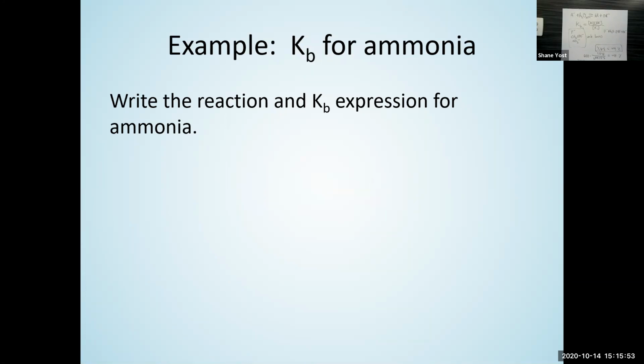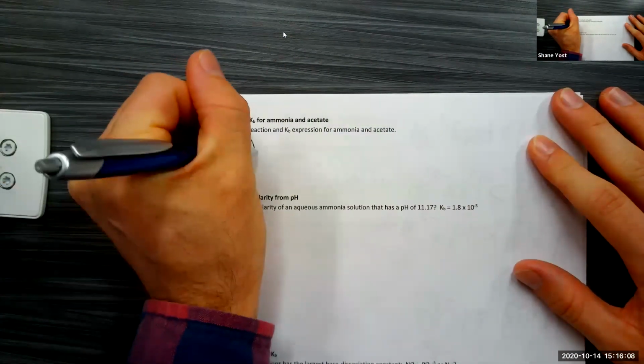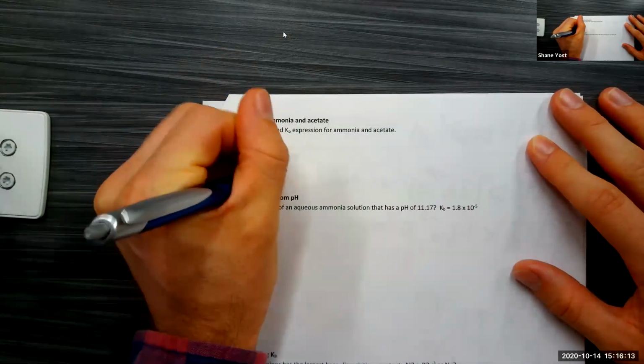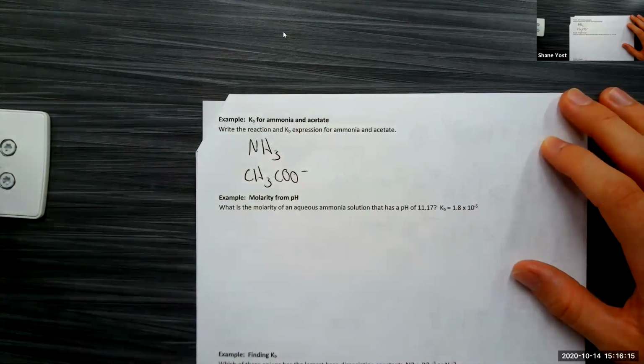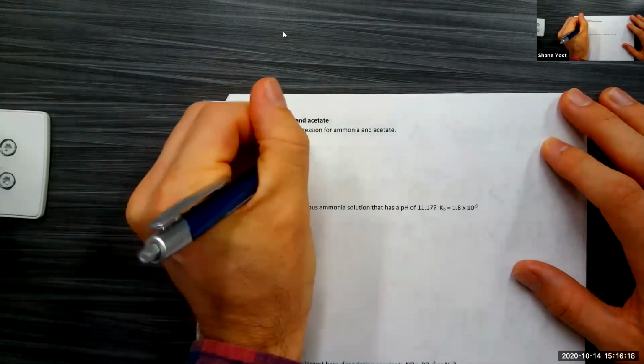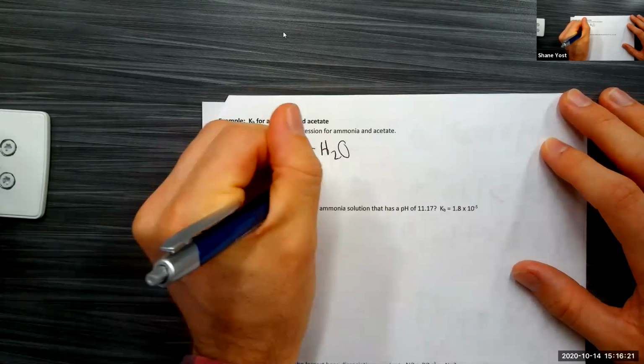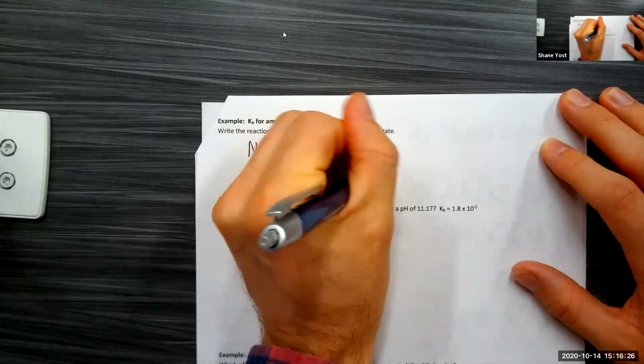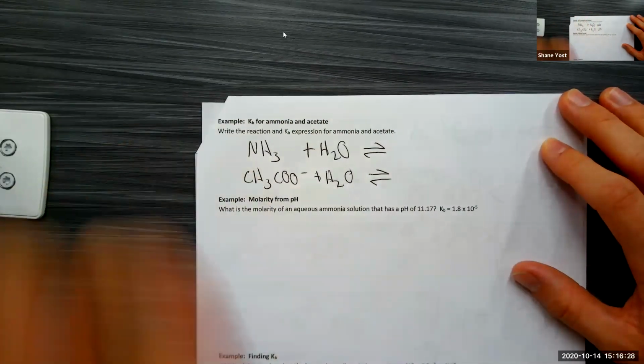And so, for example, we're going to do this for ammonia and acetate. So we want the equilibrium reaction for our weak bases, ammonia, NH3, and acetate, CH3COO minus. And again, these weak bases will react with water to take a proton from that water, because these are acting as a base, so they need to accept protons.